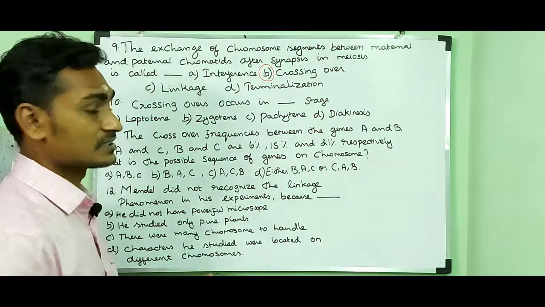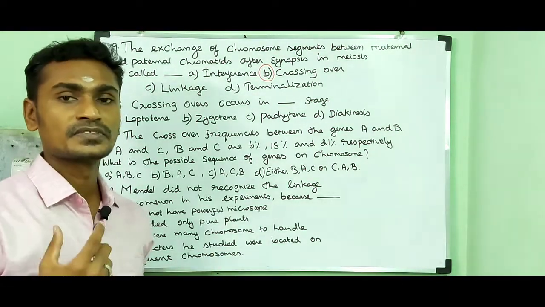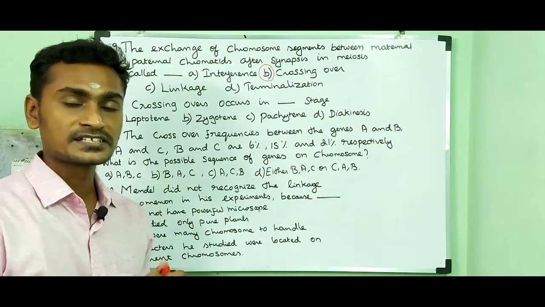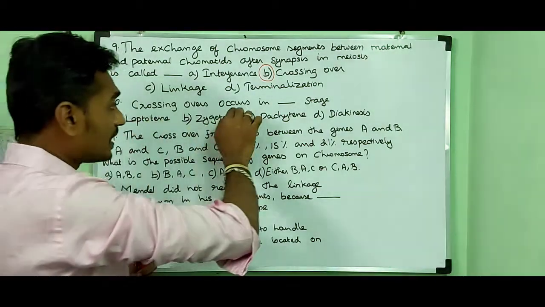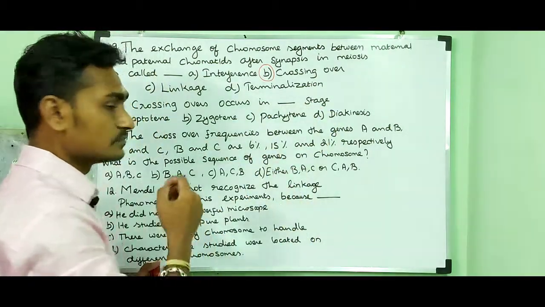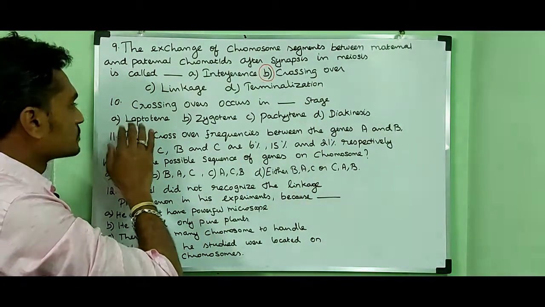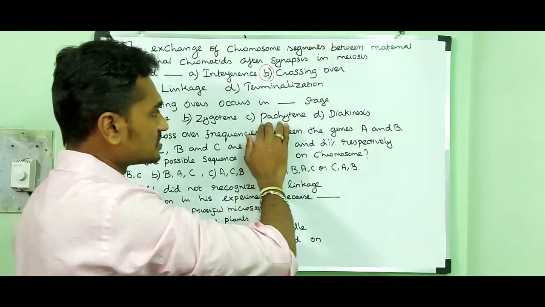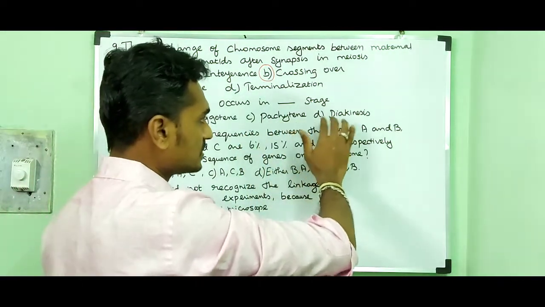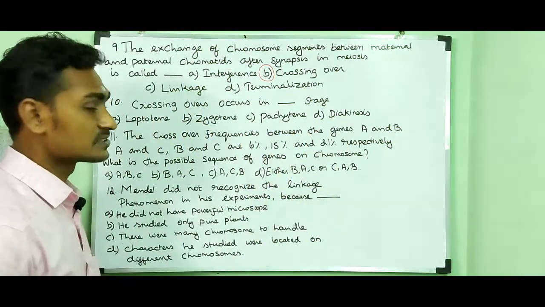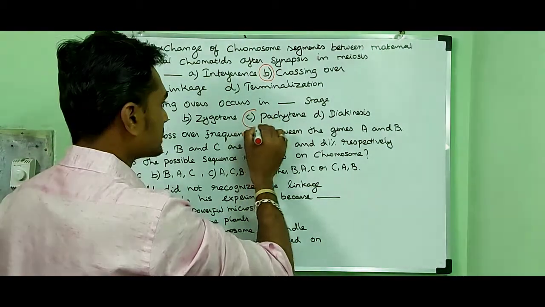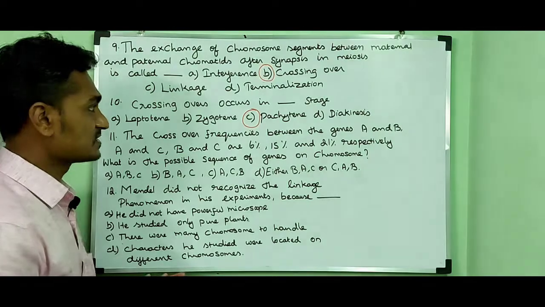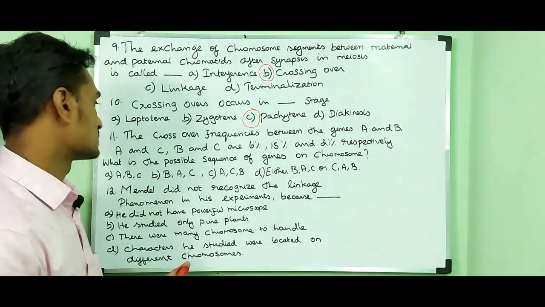In crossing over only, exchange of genetic material takes place between two homologous chromosomes. Crossing over occurs in which stage? Option A, leptotene, option B, zygotene, option C, pachytene, option D, diakinesis. So it is also a direct question. Option C is the right answer, pachytene. In the pachytene stage only crossing over occurs.